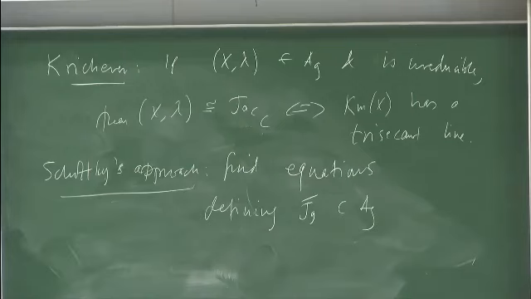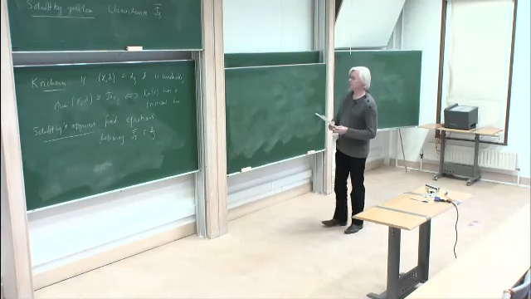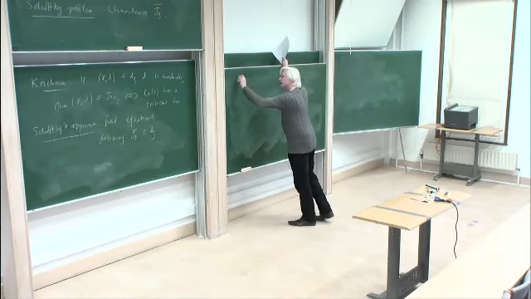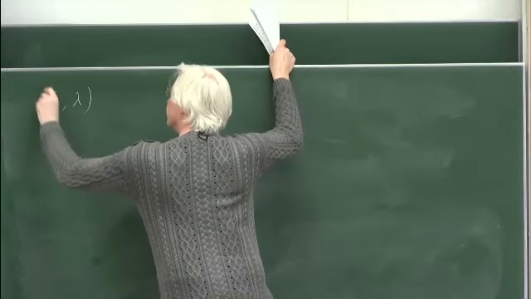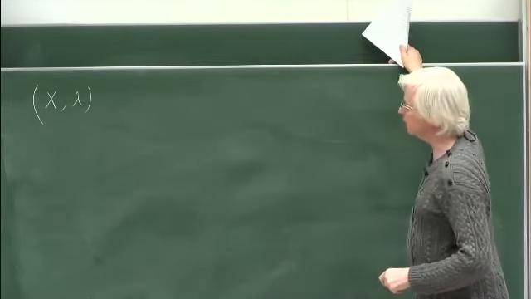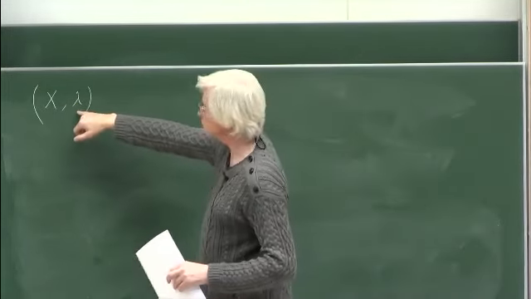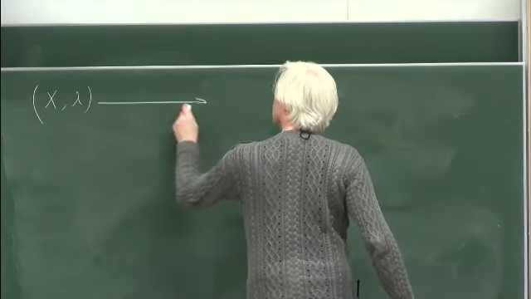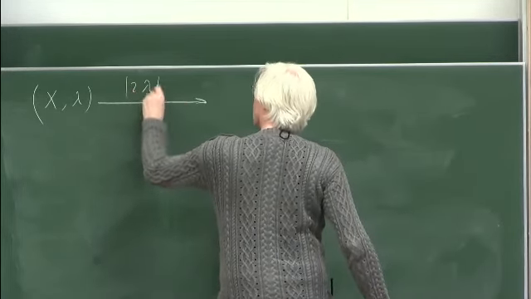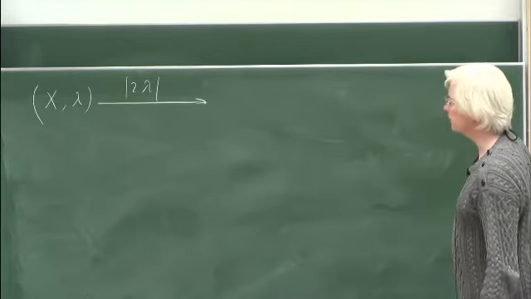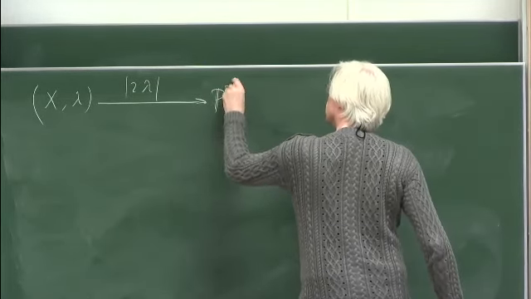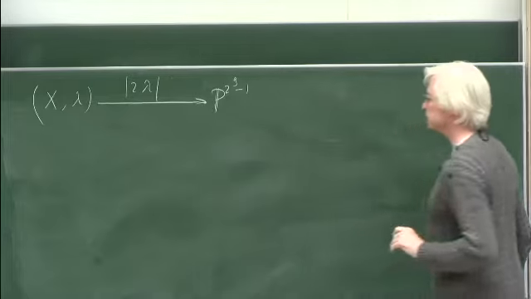Nick, can you just remind us what the Kummer variety is? Okay. If I start out with X and lambda, it has on it a line bundle which defines twice the principal polarization. So I can map this via some linear system which has no base points to a projective space of dimension 2^g minus 1.